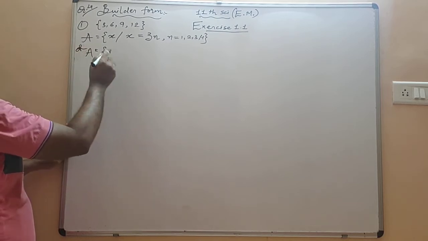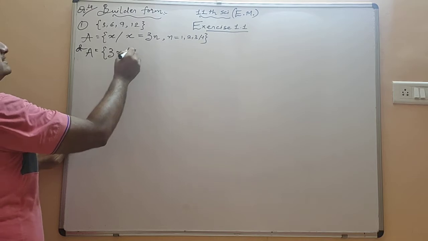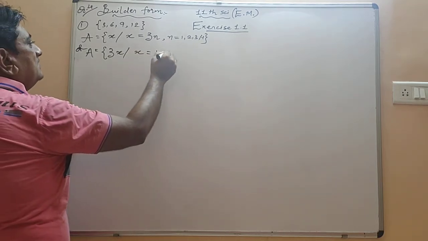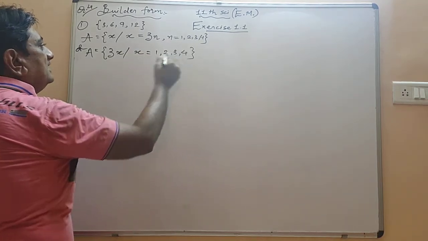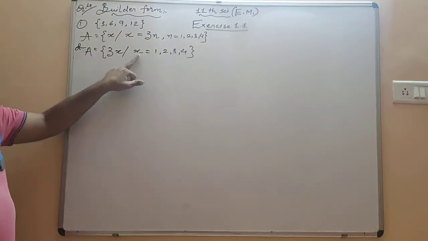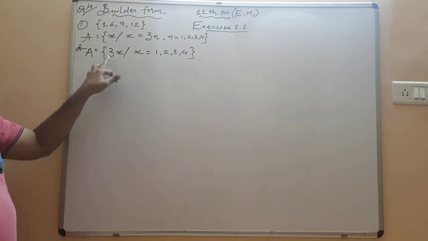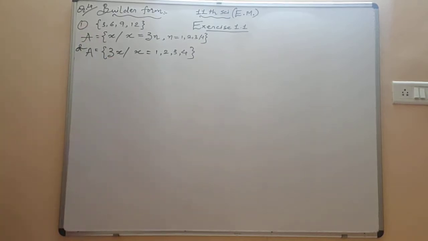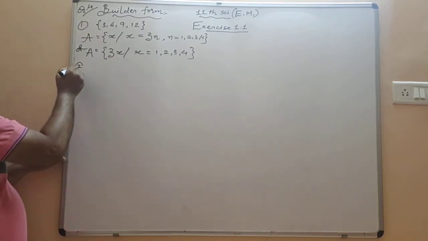A is equal to 3x, where x equal to 1, 2, 3 and 4. A equal to 3x, and what is the x value? 1, 2, 3, 4. 3x is a multiple of 3. So it is a builder form.